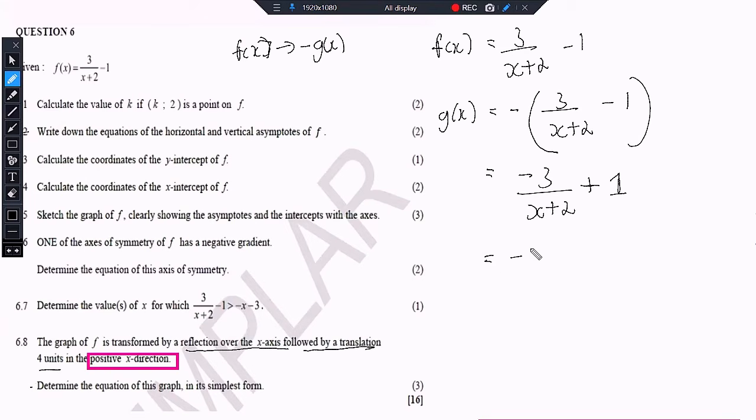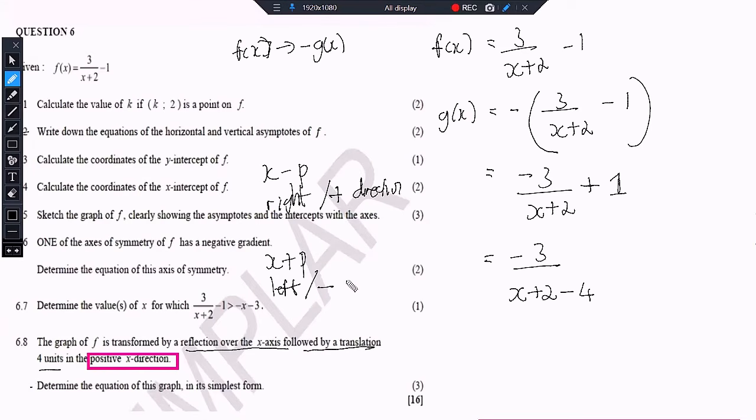So that means I must still continue and say negative 3 over x plus 2. And then since they said in the positive direction, I need to say minus 4. Because I understand if it is to the right, then it's minus p. It's x minus p, that is to the right. X plus p represents to the left. So this is left, this is right. This is positive direction, and this is negative direction.